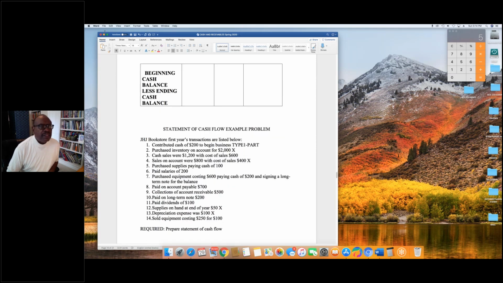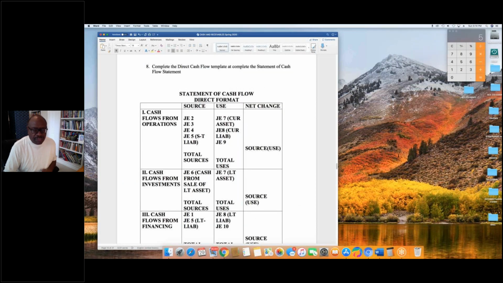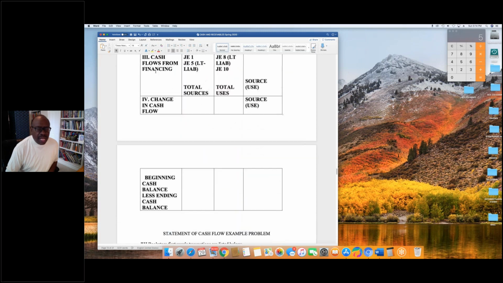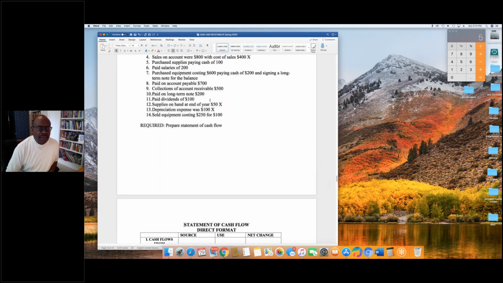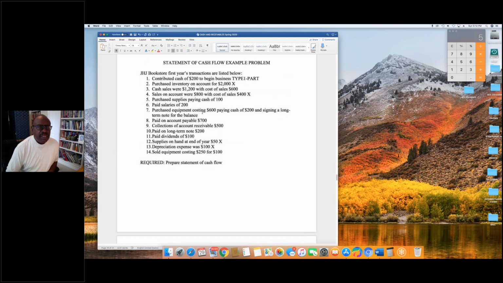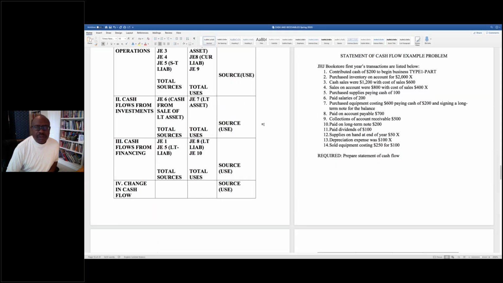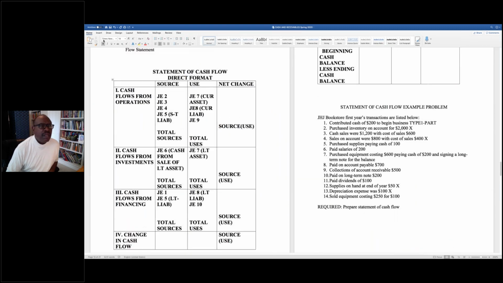Let's see if I try it this way, what will happen. Now it's going back the other way on me. I was trying to get this side by side with this. Let me see if I can try it again. It won't get this side by side for me.